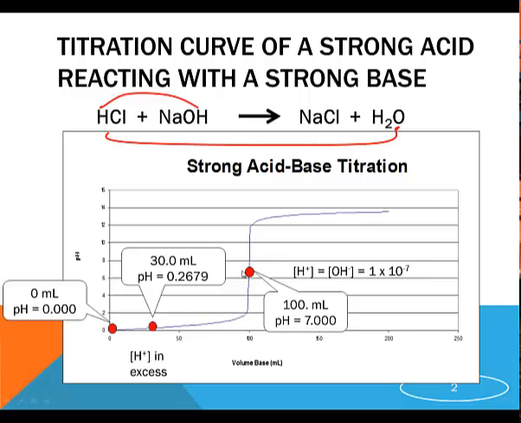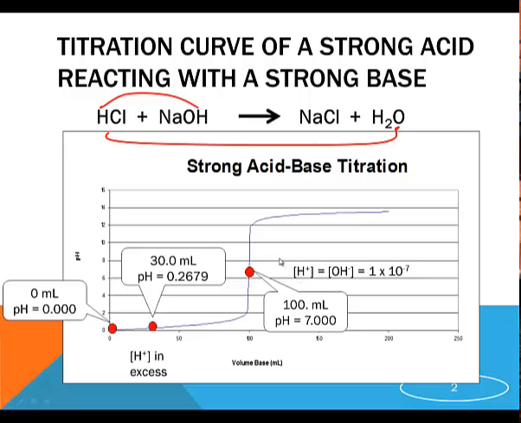And at that point, since it's a strong acid and strong base, our only products are a neutral salt and water, and the pH was 7. The hydrogen ion and hydroxide ion concentration are equal to each other just from the autoionization of water.